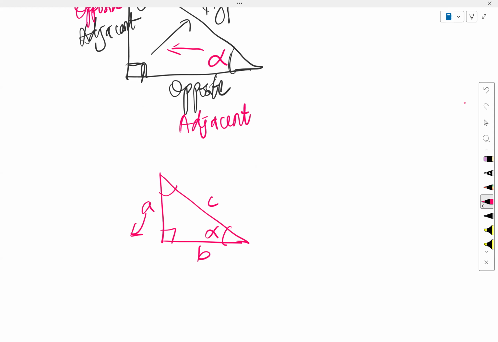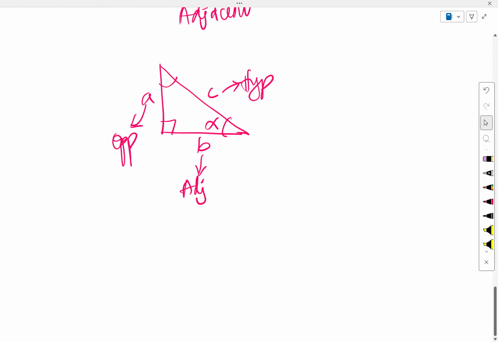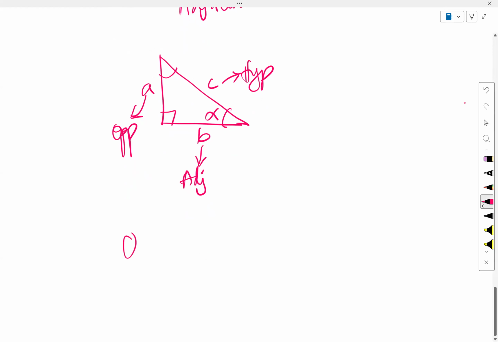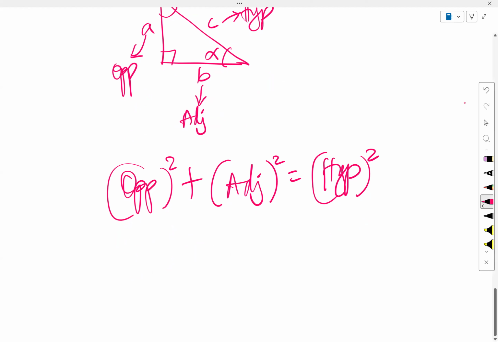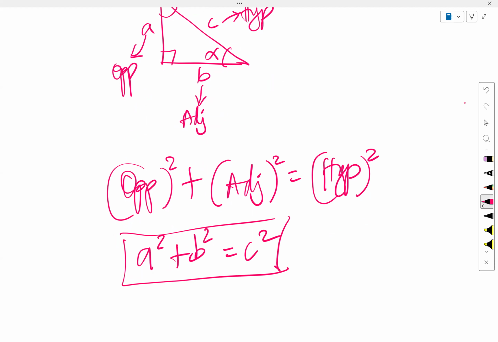For alpha, this is opposite, this is adjacent, and this is hypotenuse. So Pythagoras simply tells us that the square of the opposite plus the square of the adjacent is equal to the square of the hypotenuse. That means a squared plus b squared is equal to the square of the hypotenuse. This is a very basic law that we need to pay attention to.